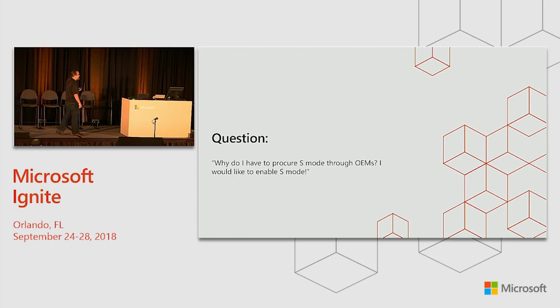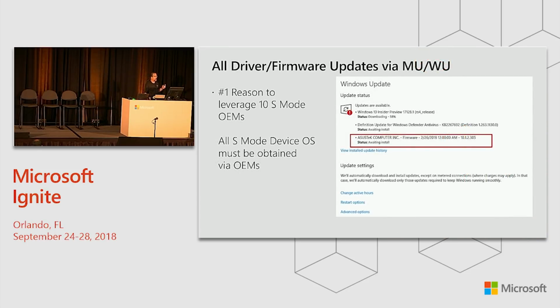But as the current status exists today through RS5, S-mode is available exclusively through OEM channels, primarily because we need to ensure that the OEM provides an ecosystem of hardware support where all of the drivers and firmware are, if not inbox, are going to come exclusively through Microsoft Update and Windows Update. Our many partners in the S-mode space, Acer, Asus, of course our own Surface, HP, all of them make a commitment to actually provide all driver and firmware updates via Microsoft Update and Windows Update.